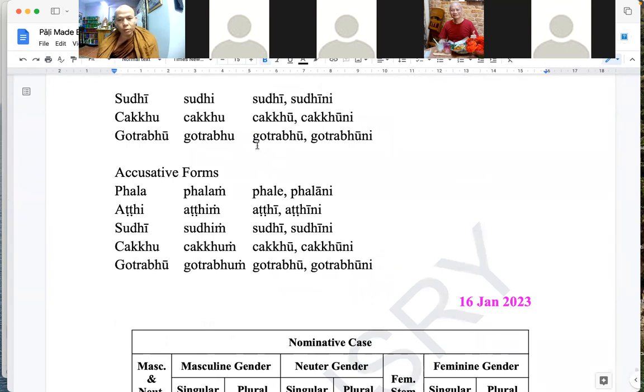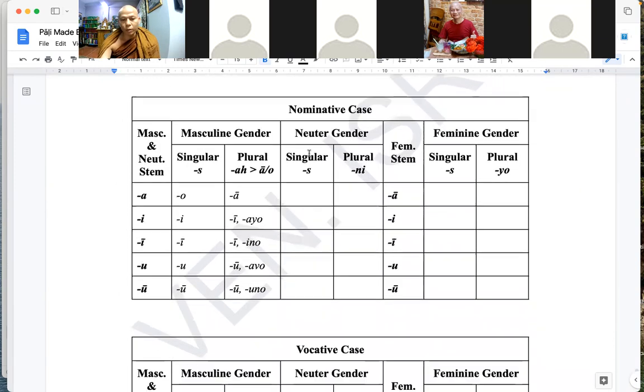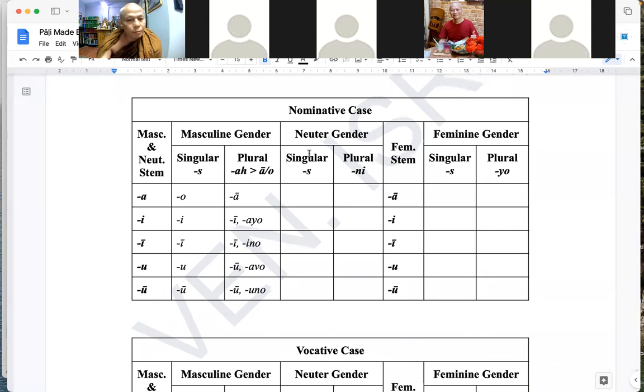So now, actually in the textbook, we should go to the vocabulary. But before going to the vocabulary, we need to summarize the declension for the masculine and neuter. In the masculine, the nominative singular uses SA, or plural is 'a-o', but in neuter we have the 'am' form, and plural is 'a-ni'.